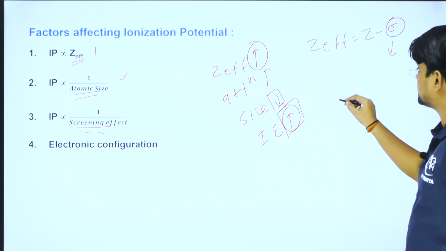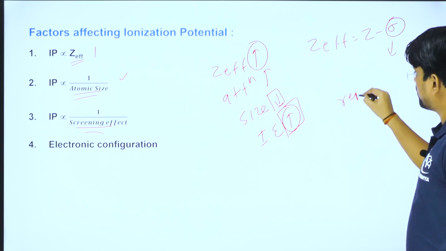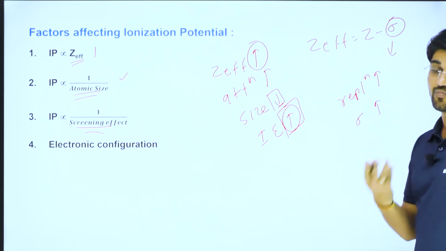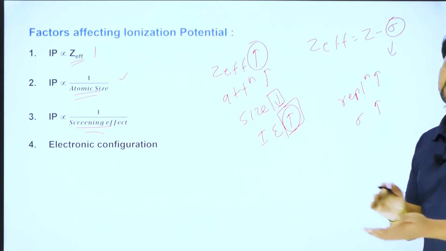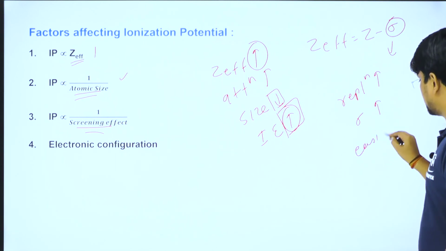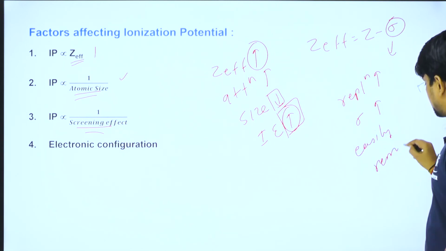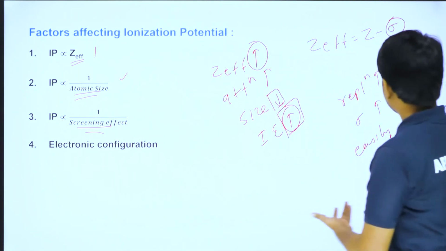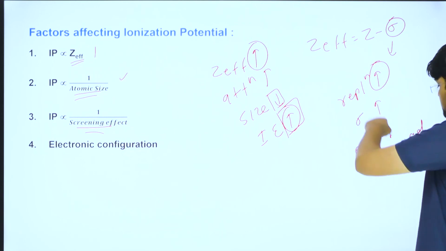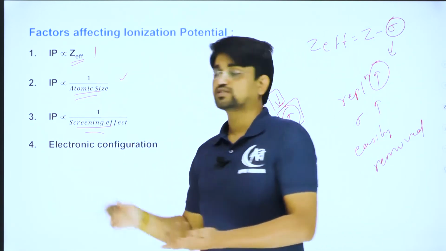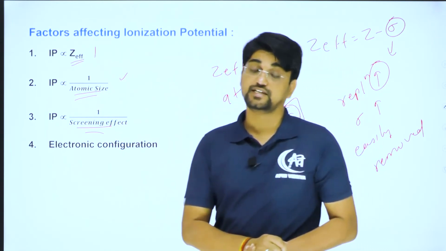And you can see it, more repulsion, more sigma, and with more repulsion by electrons, the electron can be easily removed. So the electron is easily removed. So higher repulsion, lower ionization energy. So both are inversely proportional to each other.